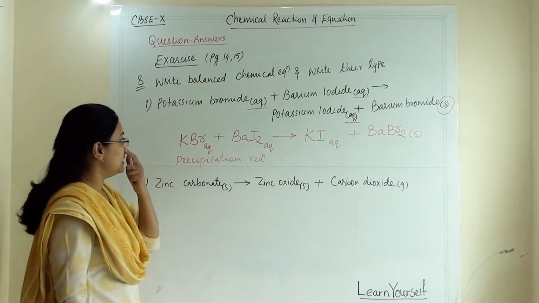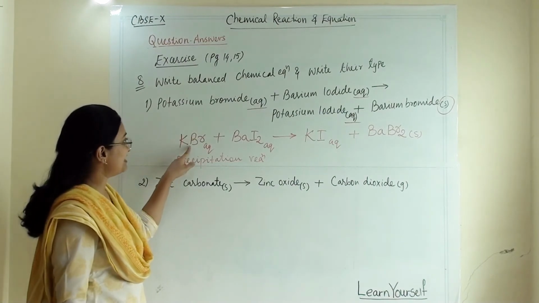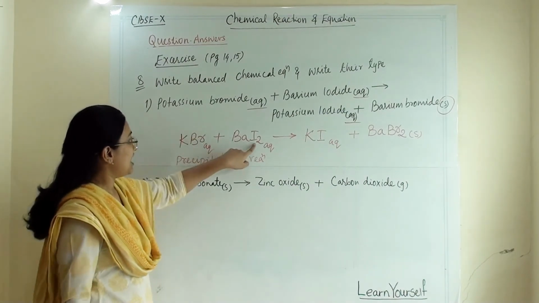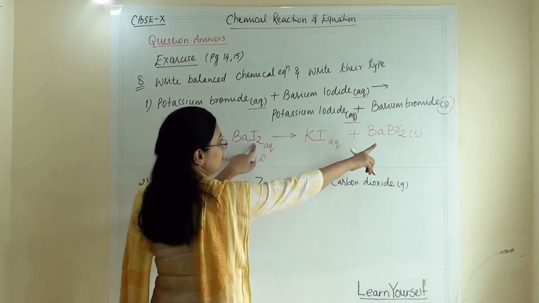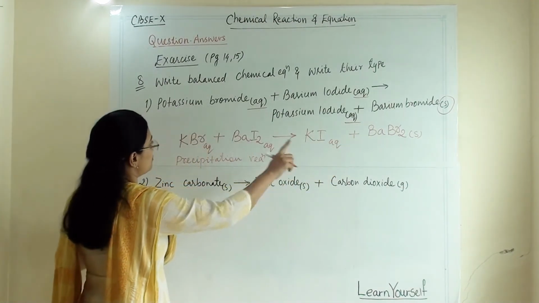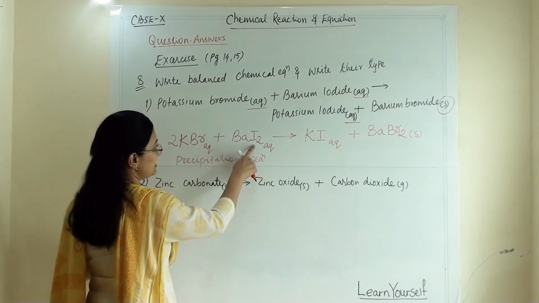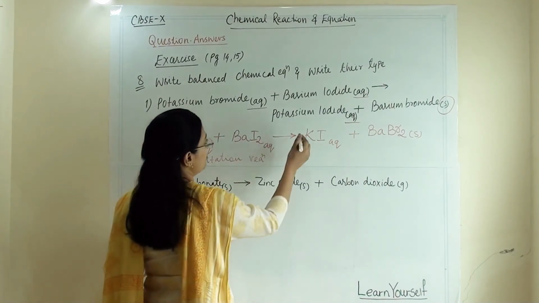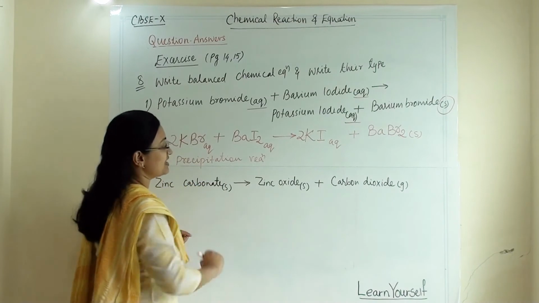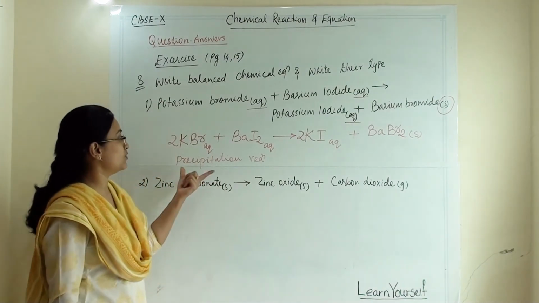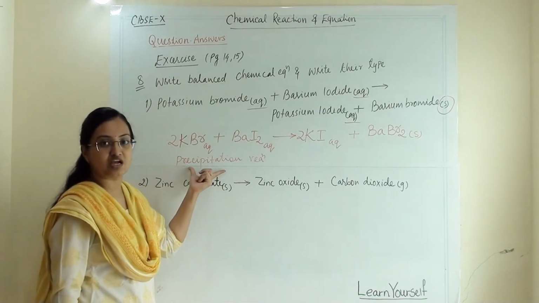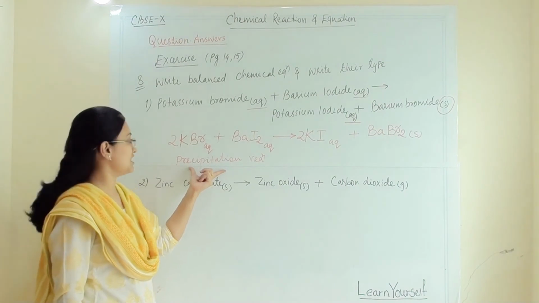Now let us see whether our reaction is balanced or not. I is 2 here and Br is 2 here. So we need to balance this by writing 2 here. So our equation is balanced and the type of reaction is precipitation reaction.